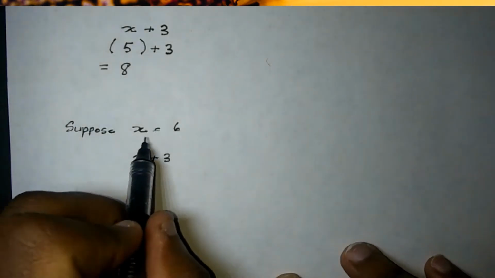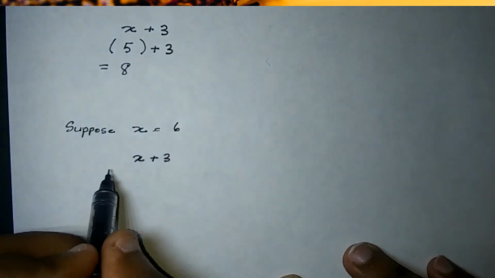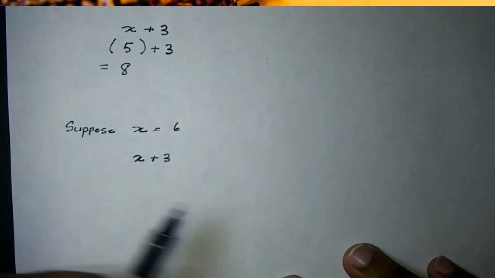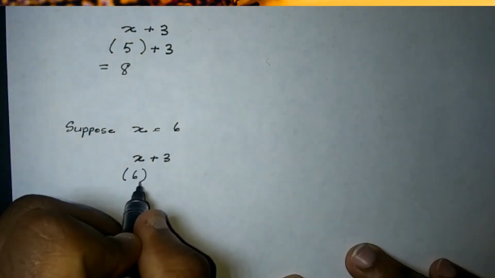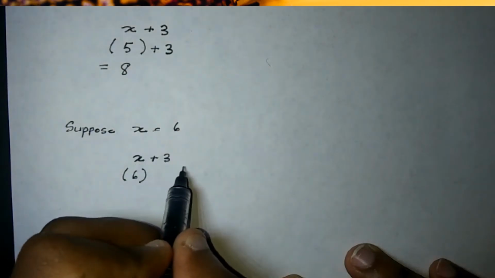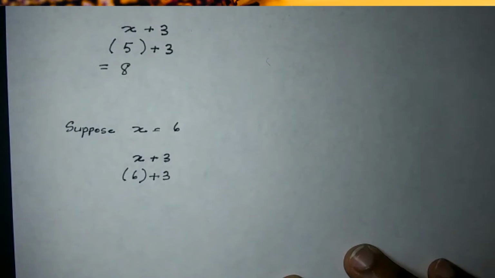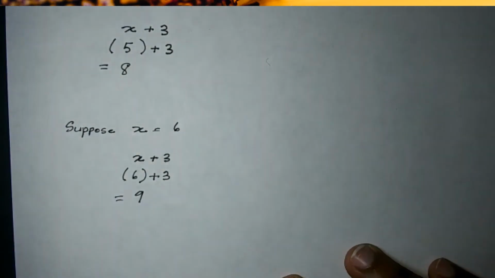So I'm going to replace x with 6. So if I see x right through, I'm going to replace it with 6. And you remember what we used to show that we're replacing some value? We use brackets. So I just replaced x. But the expression continues by adding 3. So 6 plus 3 will give us 9.